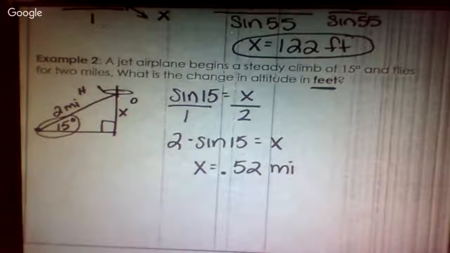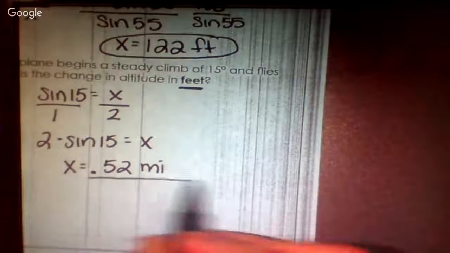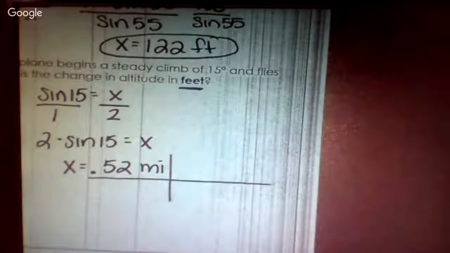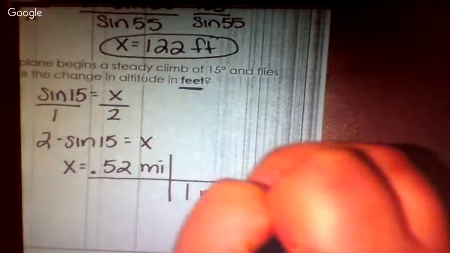So, how do I find how many feet 0.52 miles is? Multiply. All right, let me help you out here with some conversion for those of you that may get stuck in chemistry. You do what we call a conversion chart. So, we need to change miles to feet.